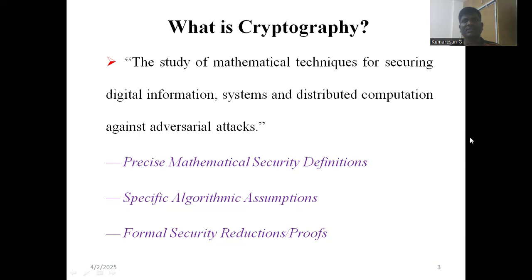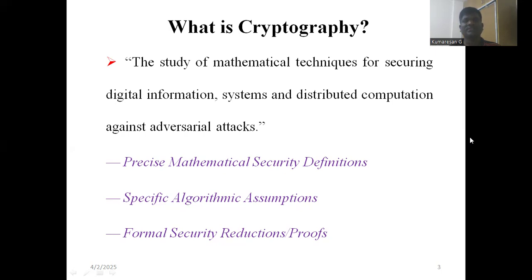So based on the attack, we have to choose the proper cryptographic algorithm. Depending on the situation, we have to choose a specific algorithmic assumption.